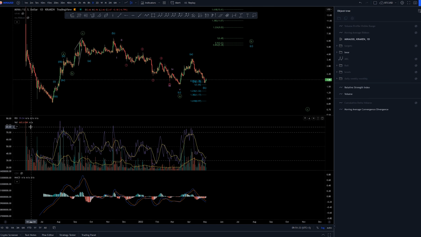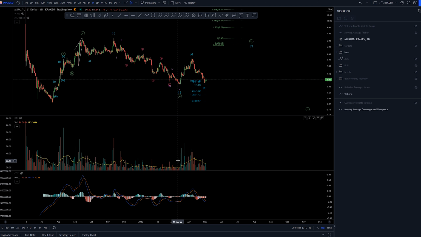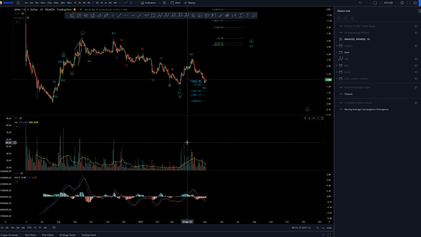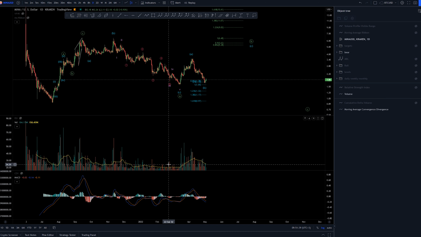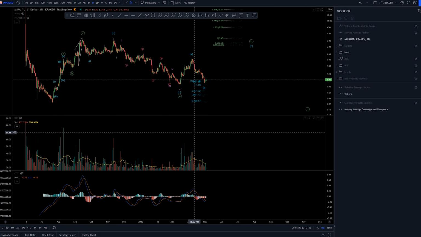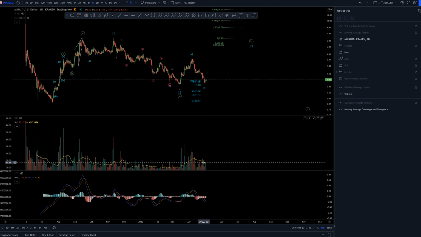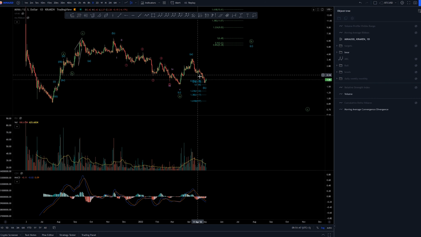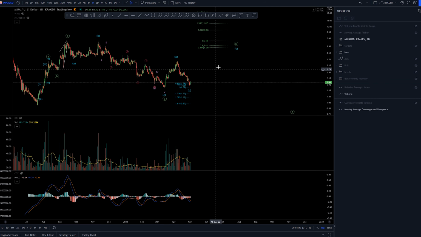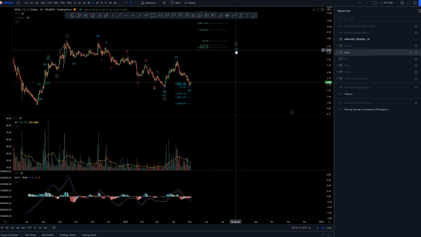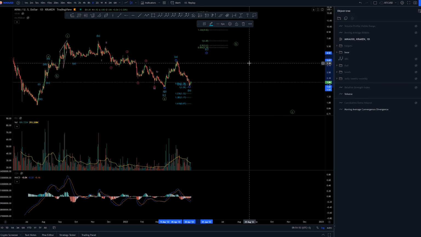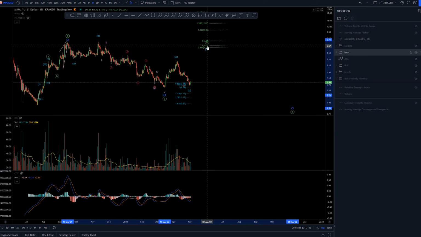Let's take a look at some volume here as well. We can see volume has increased here in favor of bulls, I guess, and now is just collapsing down again for possibly the correction for the wave 2. Now this would indicate again that we would be looking for some kind of higher wave, even in this bearish scenario.